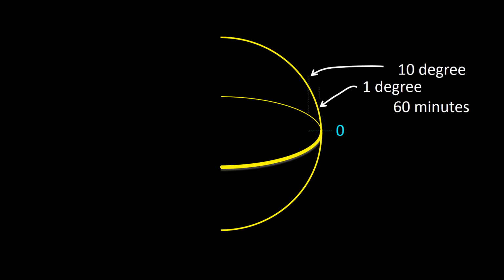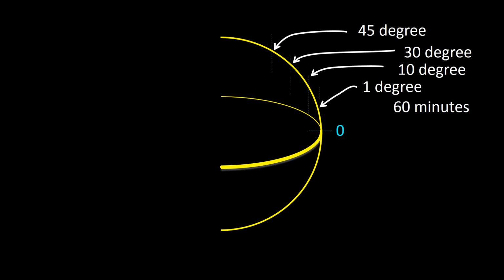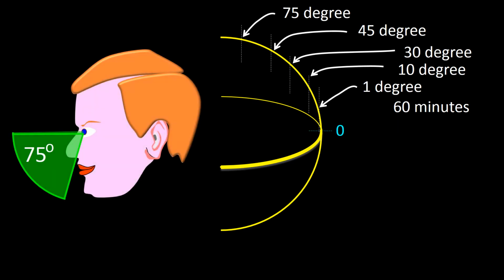The new line represents 10 degrees from the fovea, now 30, now 45, and now 75 degrees. 75 degrees corresponds to the extension of the inferior visual field.